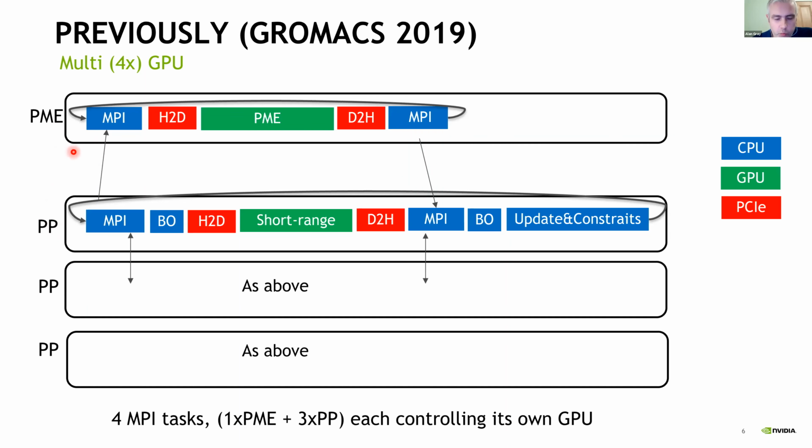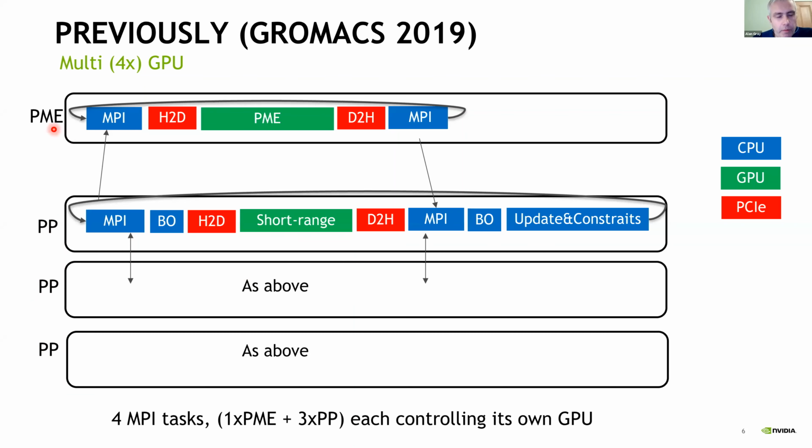So it can use one of the GPUs in the simulation to calculate the PME, and it can use the remaining GPUs to calculate what we call PP, particle-particle, which is the short range forces plus all the other stuff like the update and constraints. And the PP can itself be decomposed across multiple GPUs. I'm showing it decomposed across 3 here.